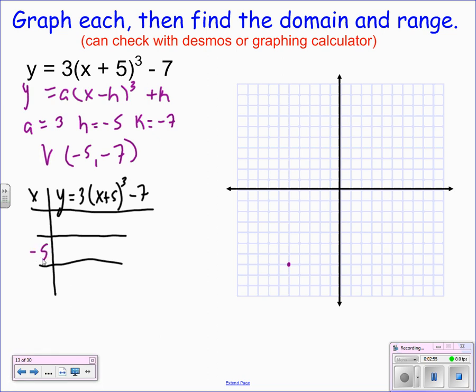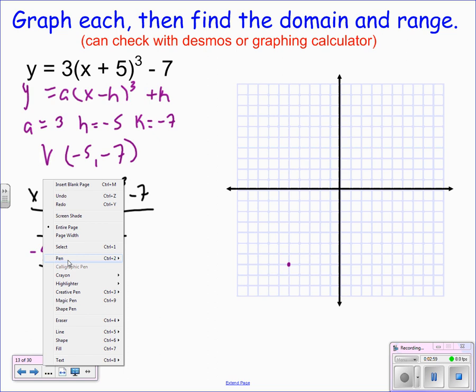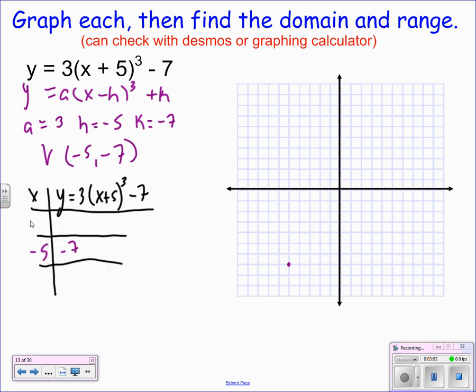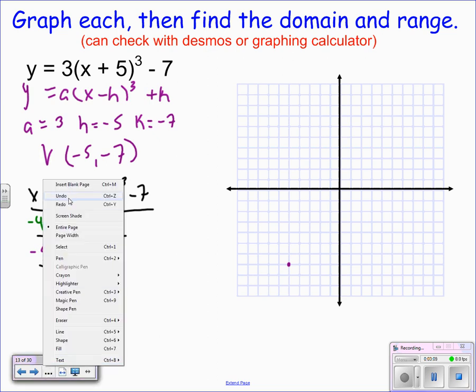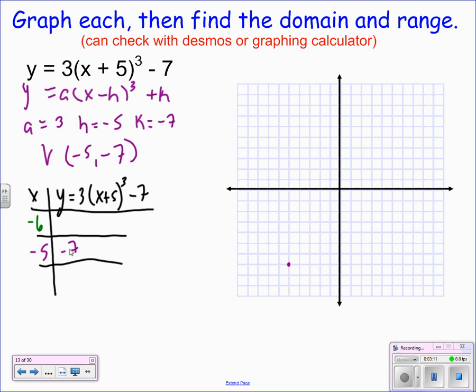So negative 5, negative 7. And then find one x value less than it. So I would use, keep it simple, negative 4. Sorry, that's not less. Negative 6 is less than negative 5. And then you need one greater than it, so negative 4. And then plug them into the equation to find their y values.